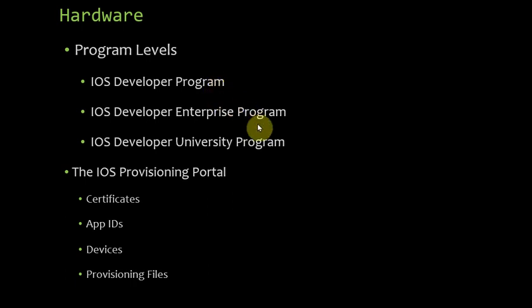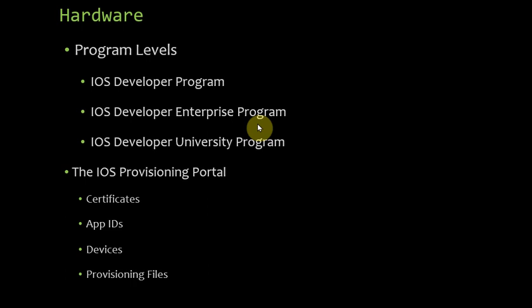The developer can distribute his application in the App Store either as an individual or a sole proprietor, or as a company or an organization or a government entity or an educational institution.